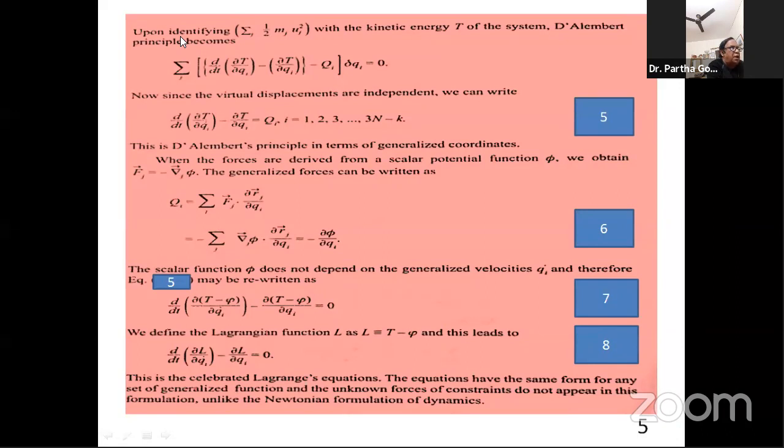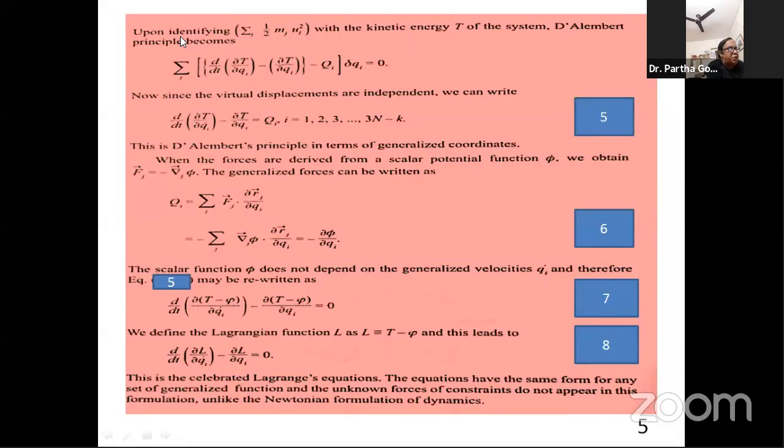equals 0, and the Lagrangian function we define as T minus phi, kinetic energy minus potential energy. So this leads me to this differential equation, equation 8, which is our celebrated Euler-Lagrange equation.